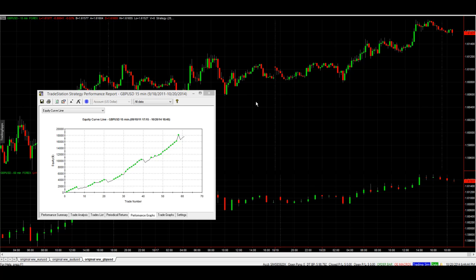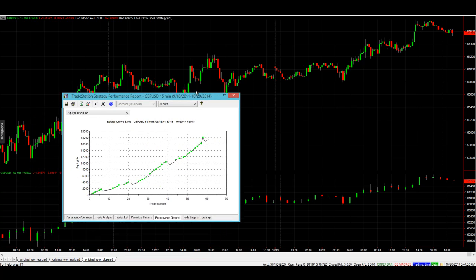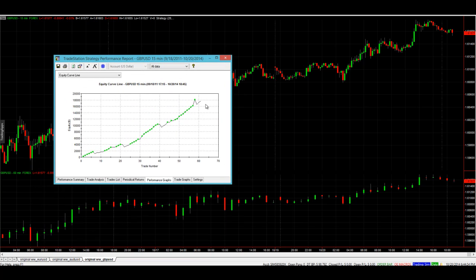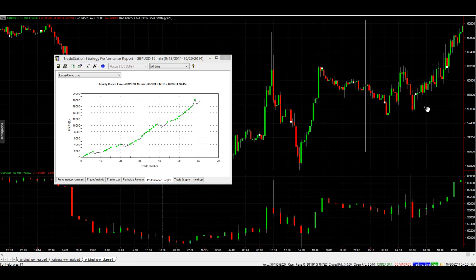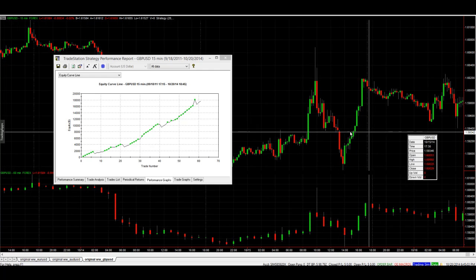Now what you're looking at is actually a trade that I'm working on for you. It's a trade that we used to take back in the day, and this one's on the pound dollar. Basically the way that it works is that we're trading gaps.